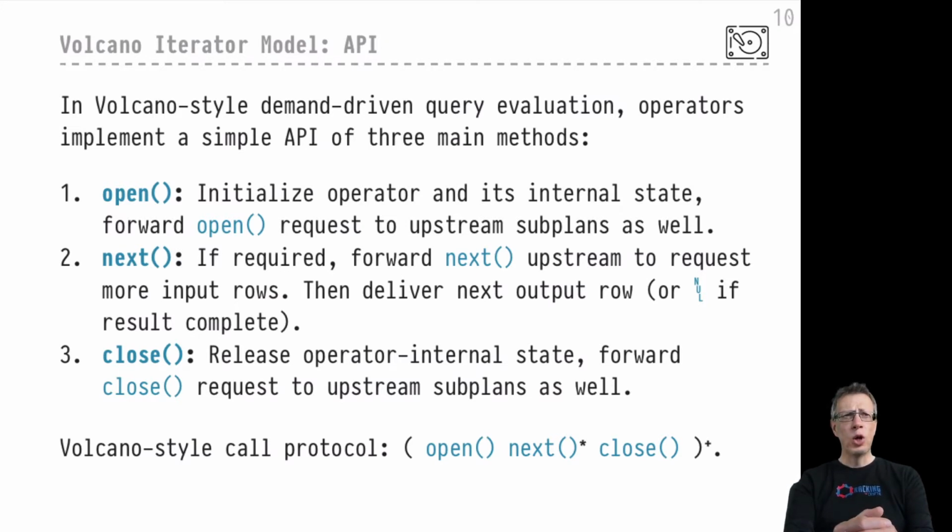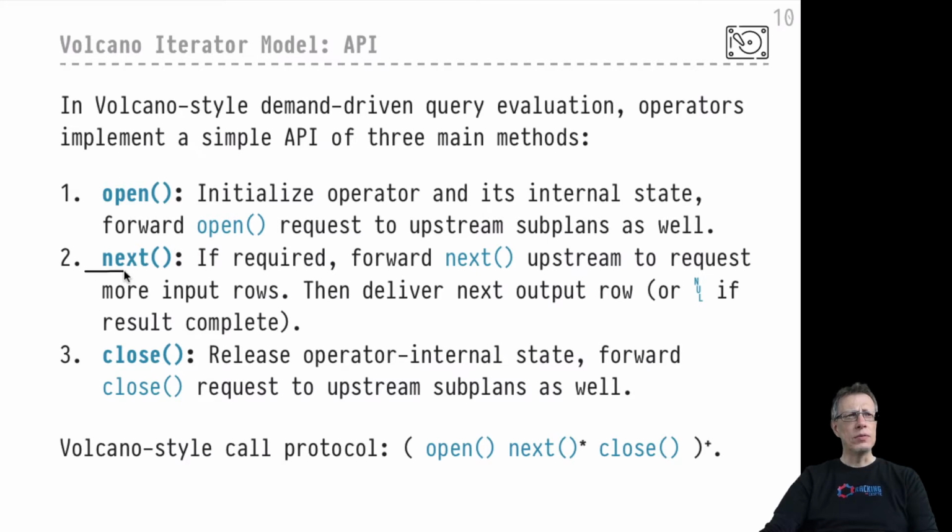As a consequence, we only have to send the open request once to the plan root, which will then forward the open to its subplan, which will then further forward it to its subplan until we reach the leaves. So a single open call to the plan root will be able to initialize the entire plan. All right.